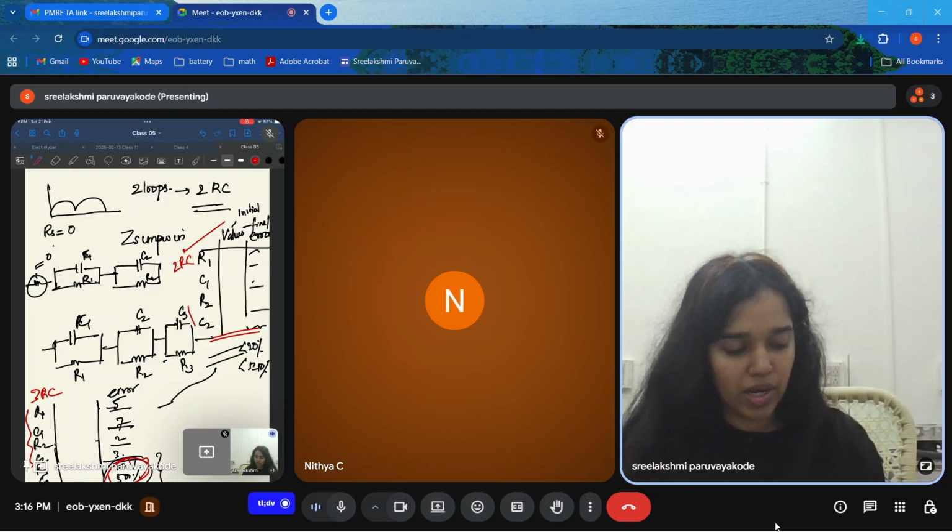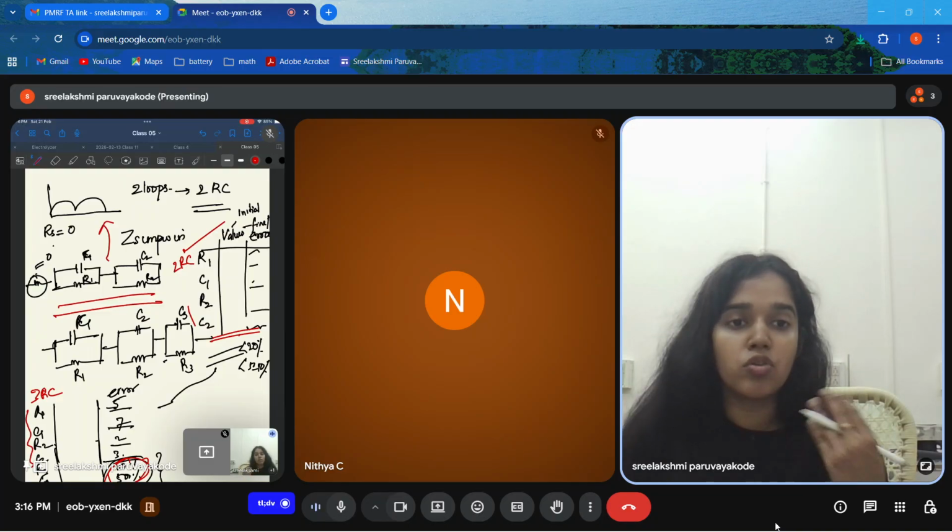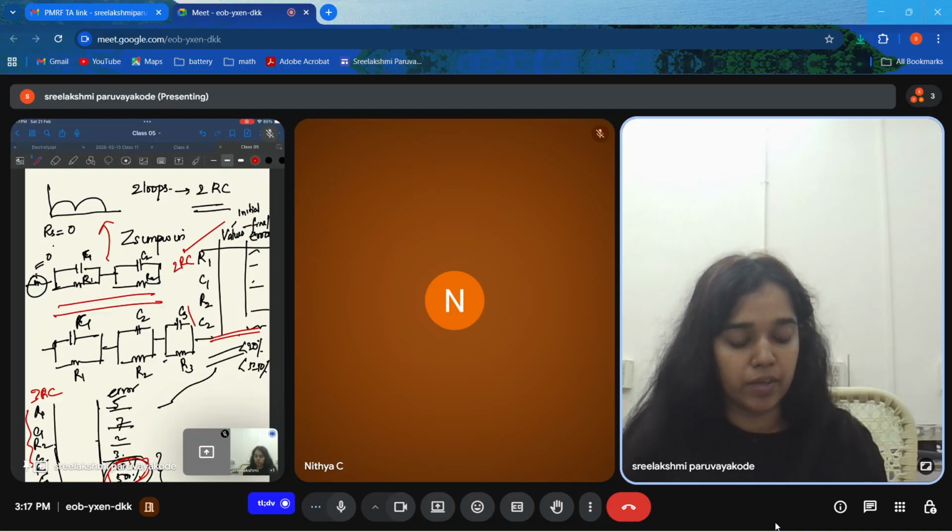This gives an indication comparing the 2 RC and 3 RC that this becomes kind of unwanted. So, based on that interpretation, you get to know that only 2 RC is needed in order to fit this. So, over time, when you're doing it again and again, you get to know how many circuits you need in order to fit it.